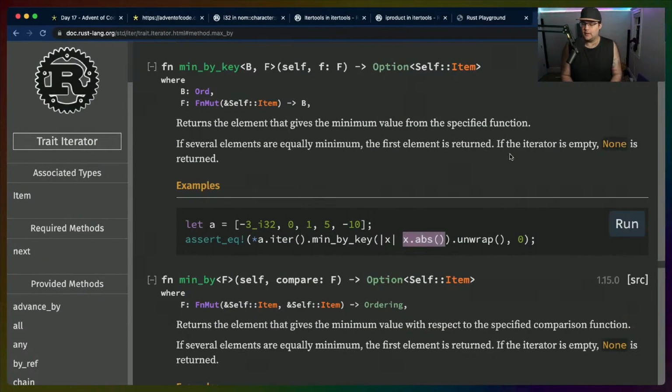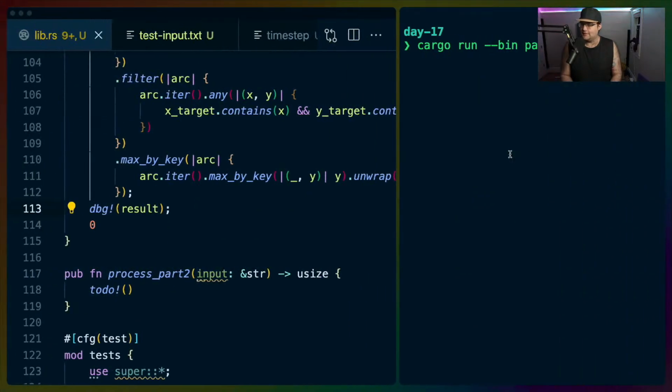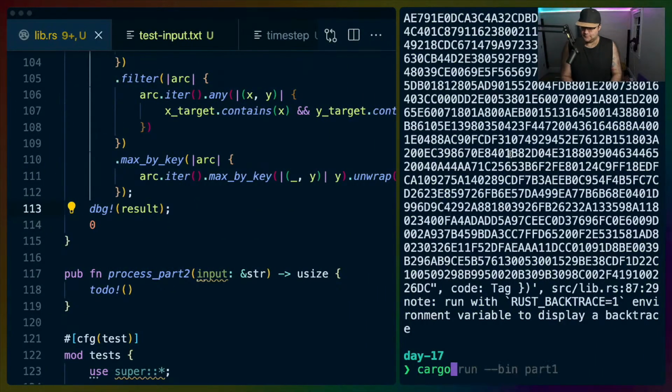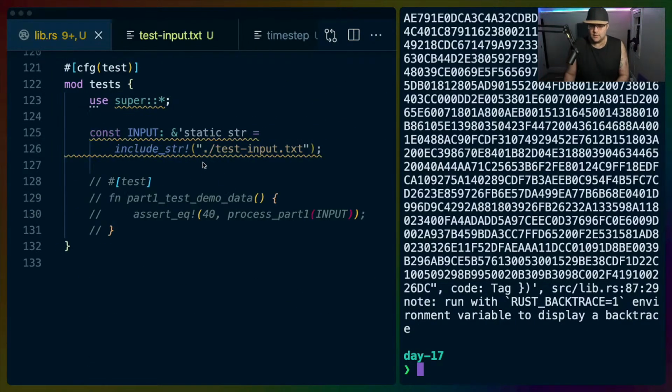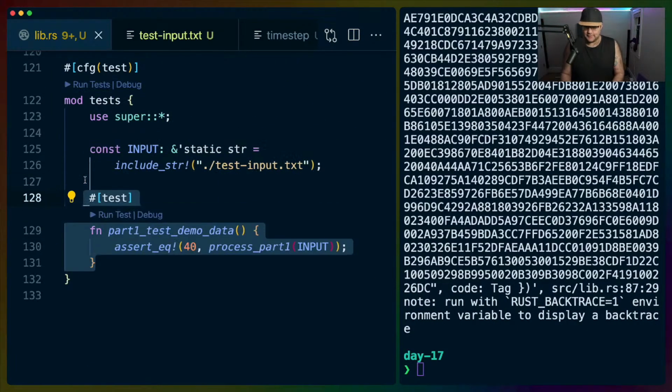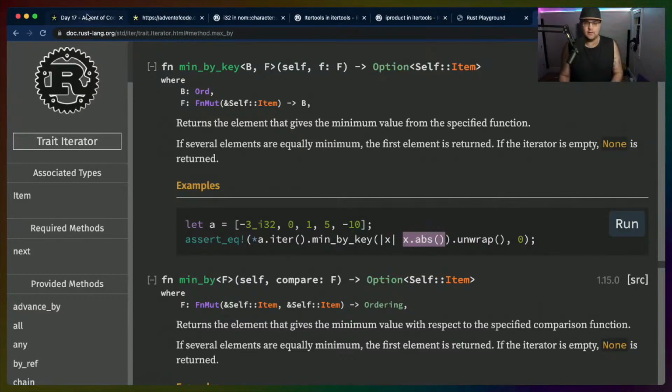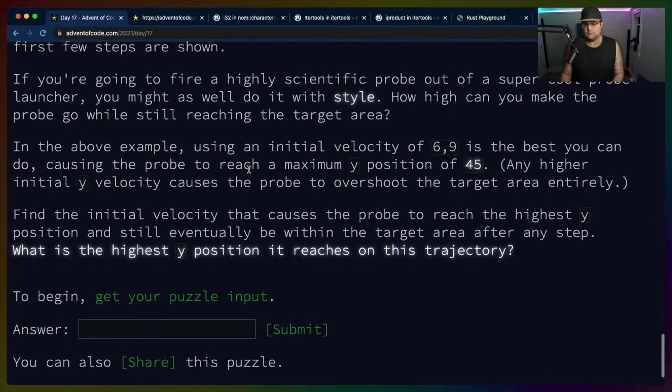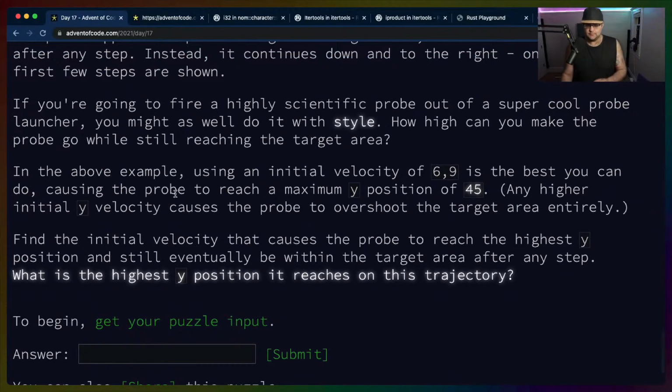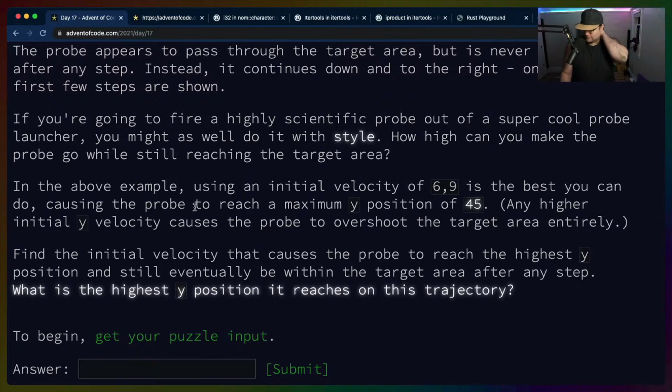I didn't pull in the, I did pull in the test, okay. This test is what number do we need here? 45.